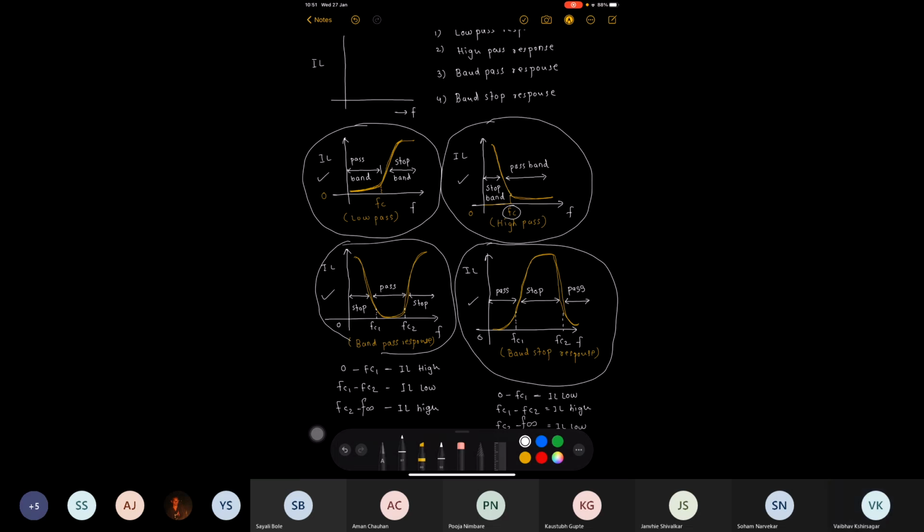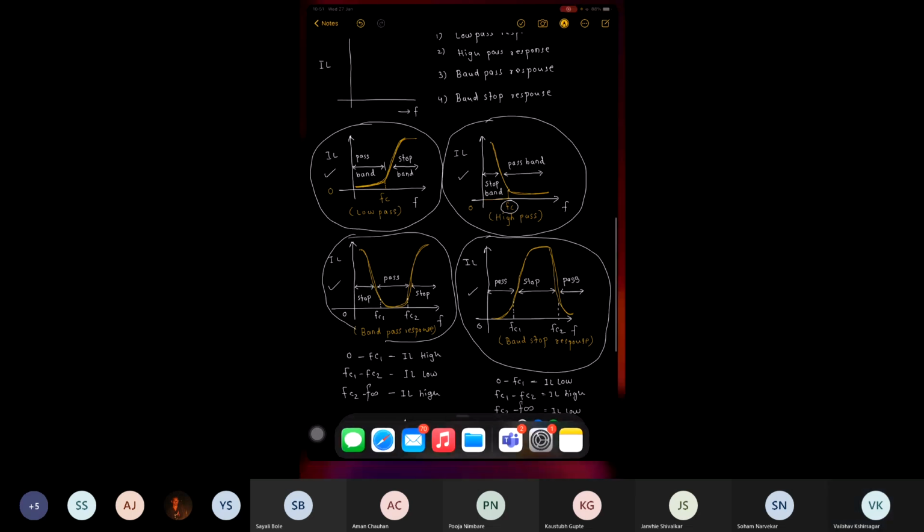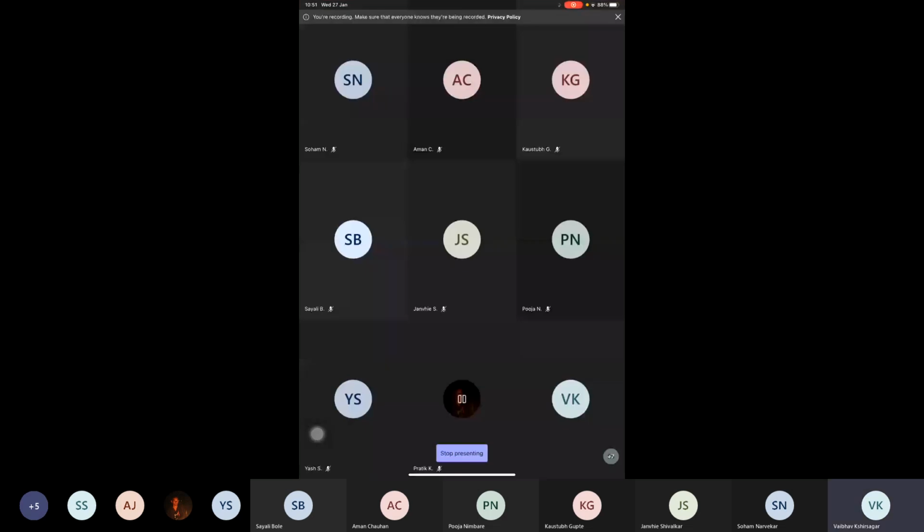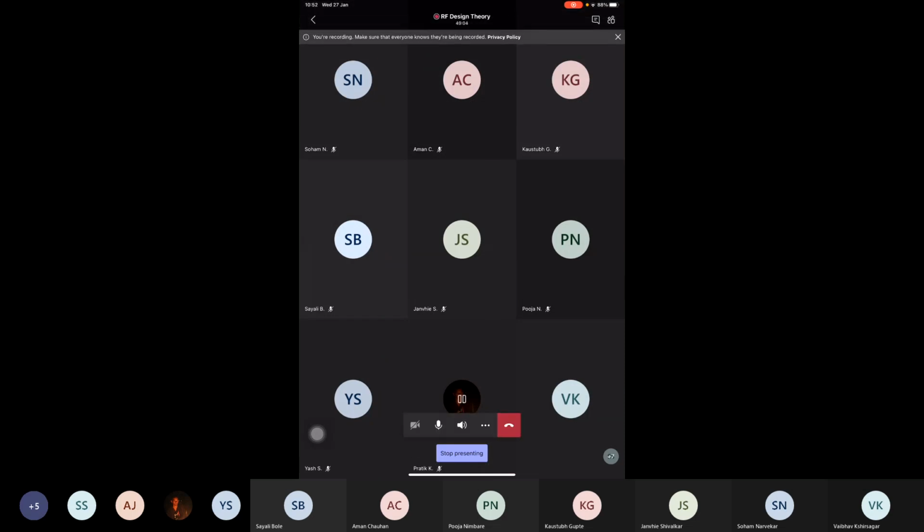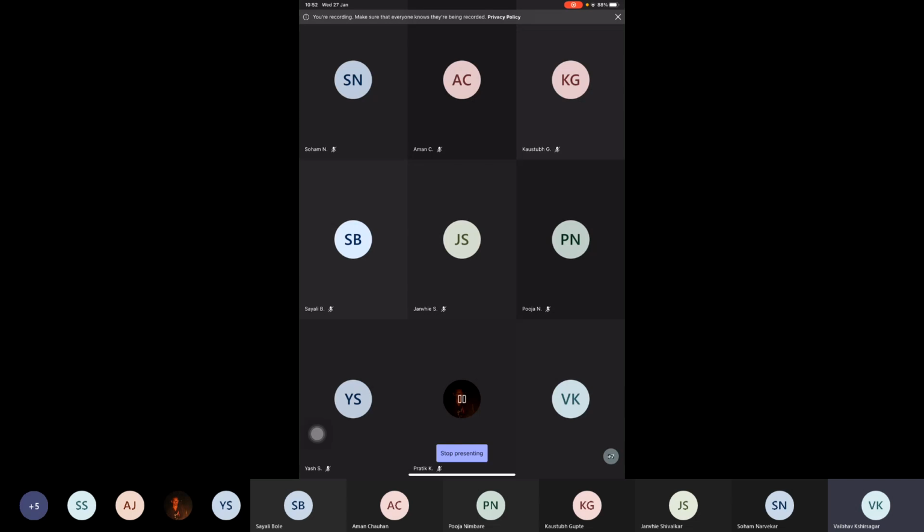What is your overall observation about the frequency responses of the four basic types of filter? Yes, students? What additional observation can you make from here?